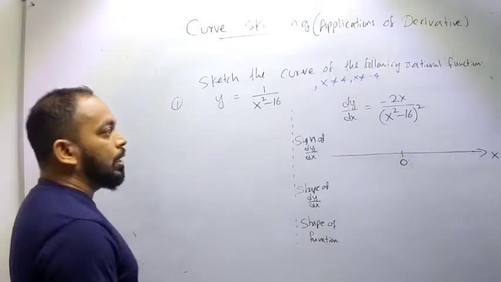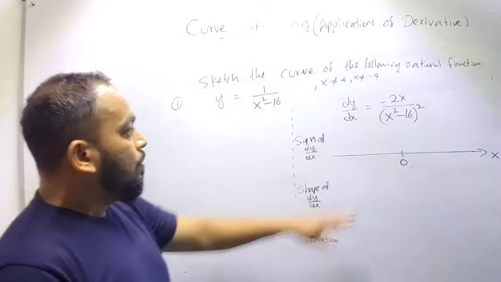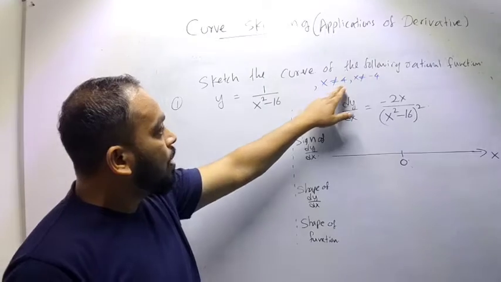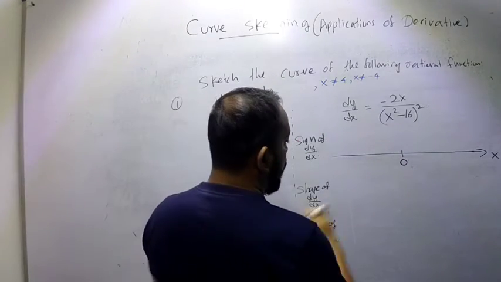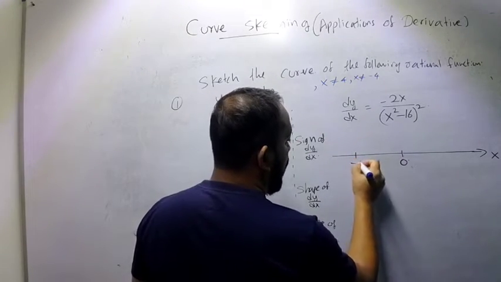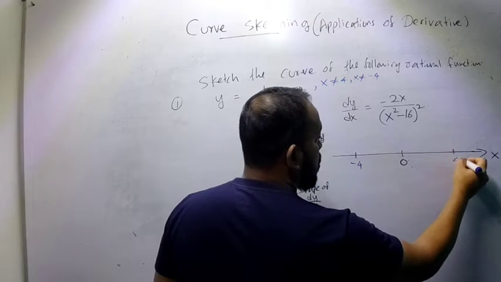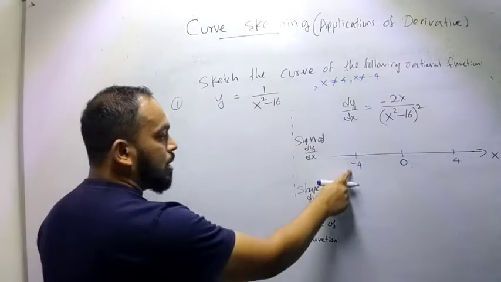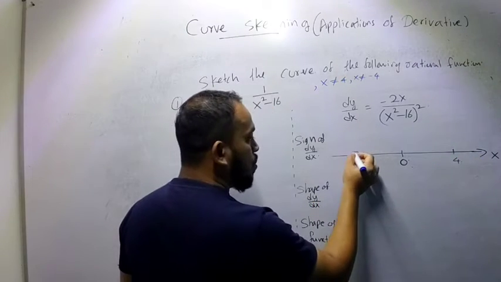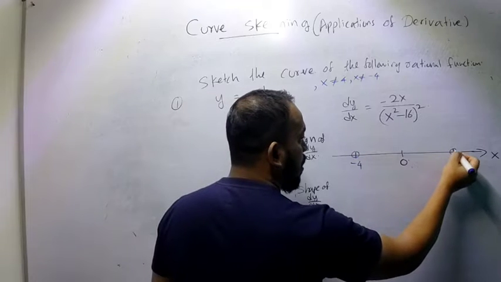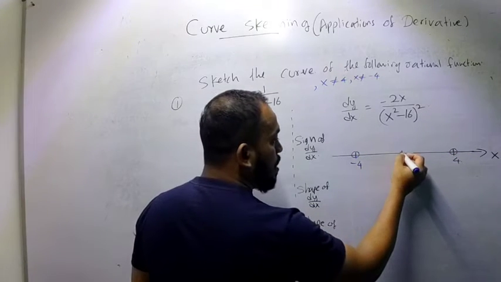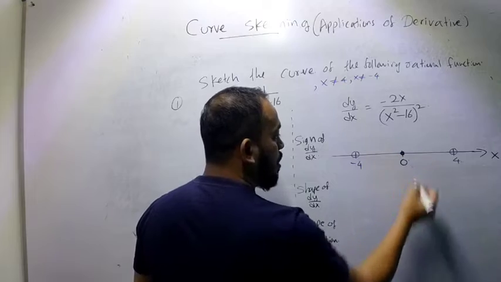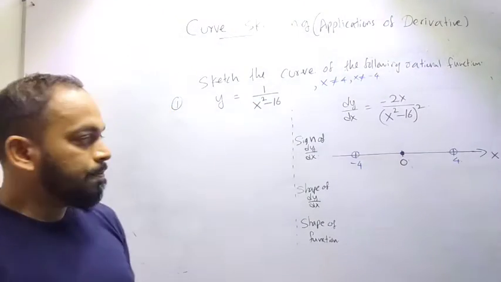And we have two other critical values where x is not equal to 4 and x is not equal to minus 4. We should also put that on the number line. So minus 4 and plus 4. You know that minus 4 and plus 4 are not included, so we put a hollow circle there, and here 0 is included, so we put a solid dot.